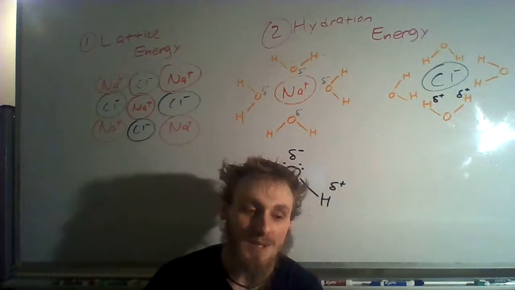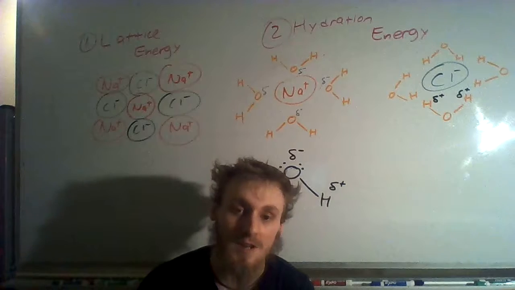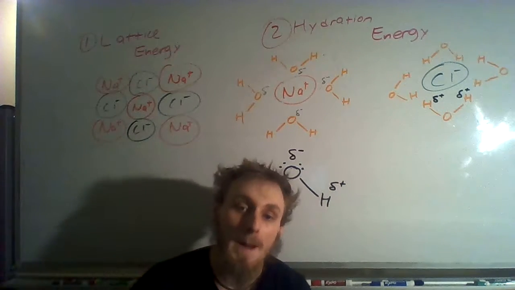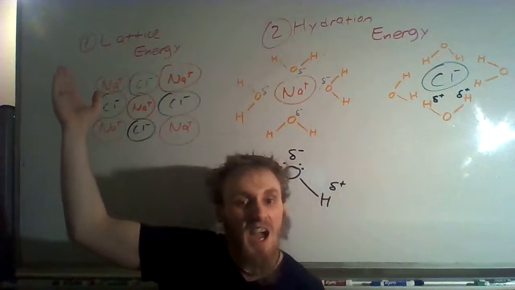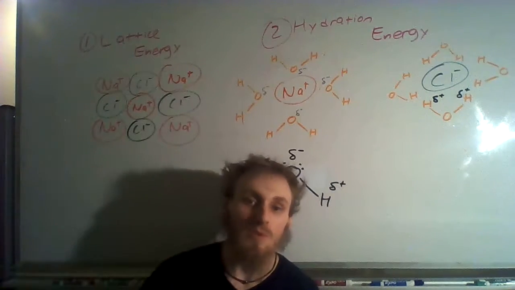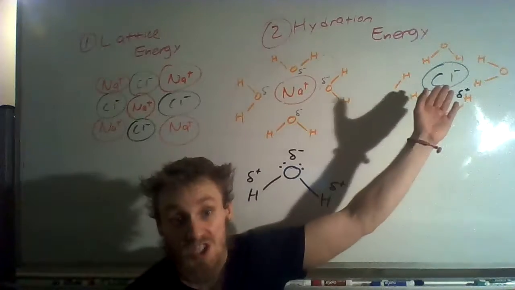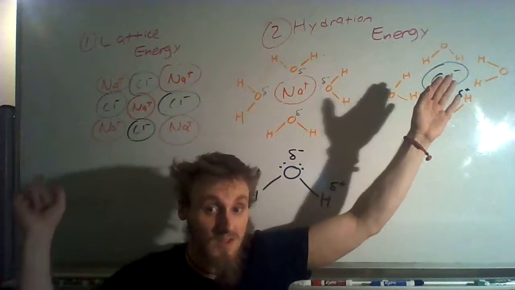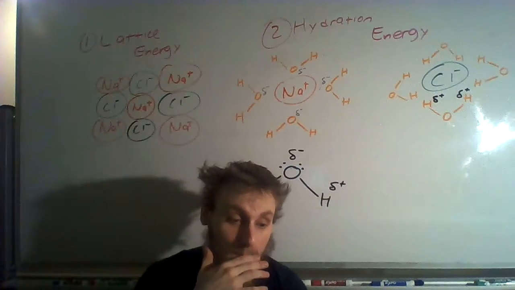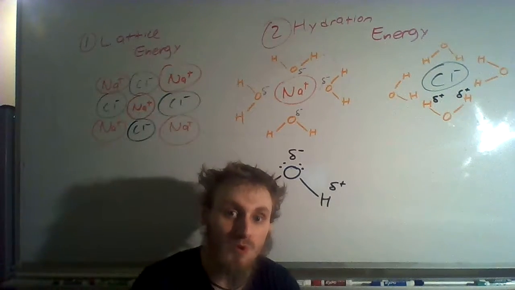It's going to be pretty darn insoluble in water. All right? So if lattice energy is greater in magnitude, the ionic compound's probably not really soluble. If hydration energy is greater in magnitude than the lattice energy, the ionic compound probably will dissolve.